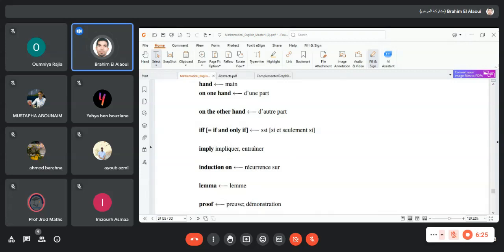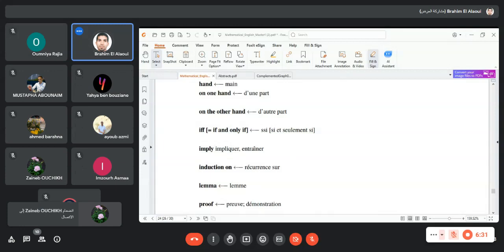I will search for some other terminology that is different from French. But right now, there is no big difference between the terminology in English and in French.